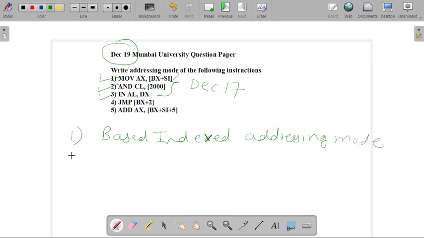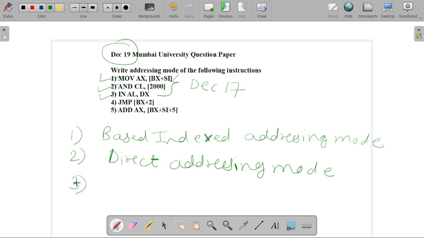For the second one, the direct addressing mode is there because we have specified the memory location in brackets, that is called the effective address. So we are writing for the second question the answer is direct addressing mode.